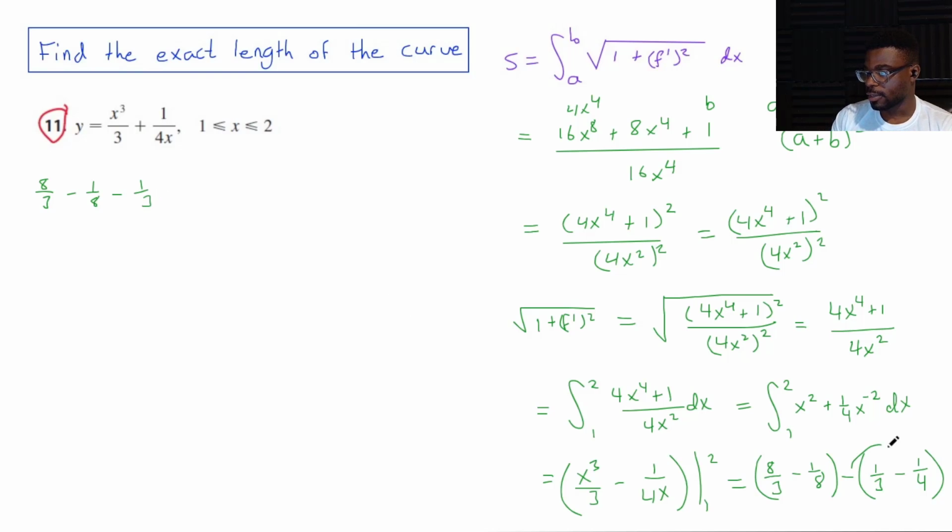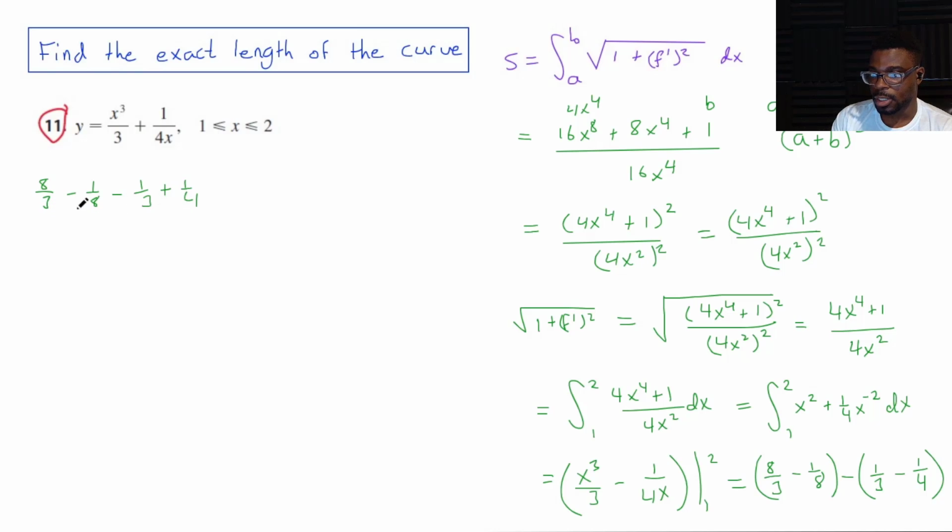And then the double negatives here give us positive 1/4. So plus 1 over 4. And let's see if we can simplify this. So it looks like the common denominator between the 3, the 8, and the 4 happens to be 24.